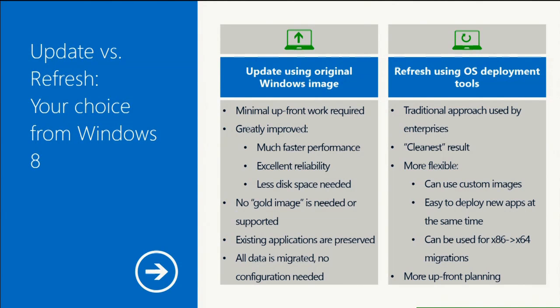Now, in order to do that whole refresh process, there is going to be more upfront work because you need to have drivers, you need to have apps, you need to have the full deployment set to put into MDT or Config Manager to get the operating system fully configured after it's been installed. But that's basically the pros and cons. In the end, you choose which of these options you're most comfortable with.